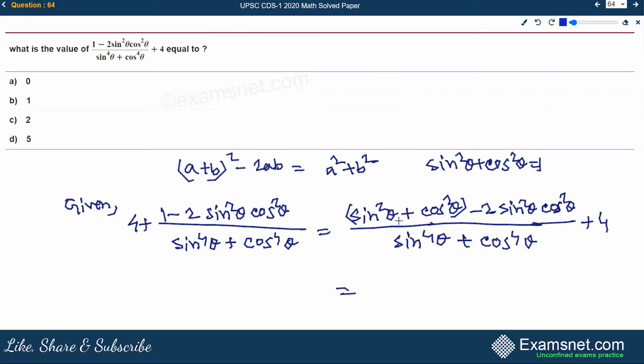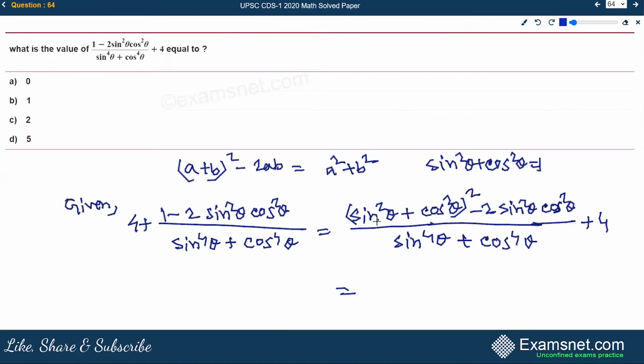Now look here, it is in the form of (a plus b) whole square. One whole square will give us another one, so we can write (sine square theta plus cos square theta) whole square. Now (a plus b) whole square minus 2ab would result in a square plus b square.